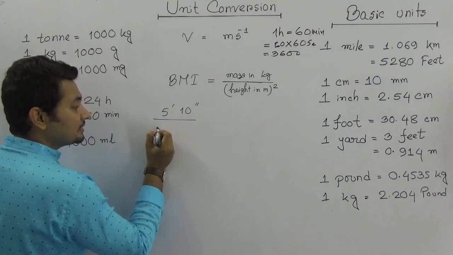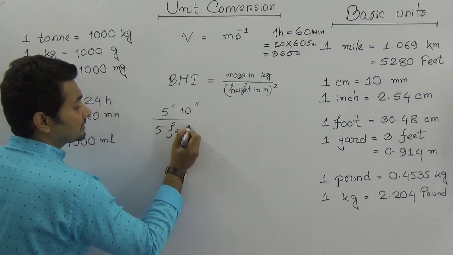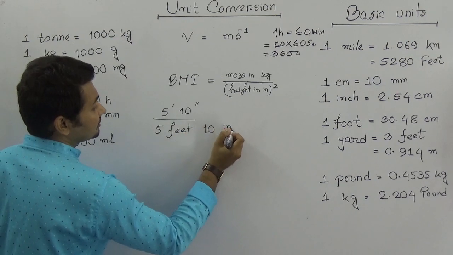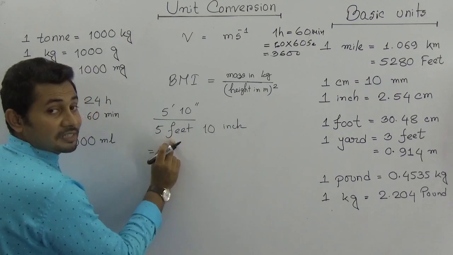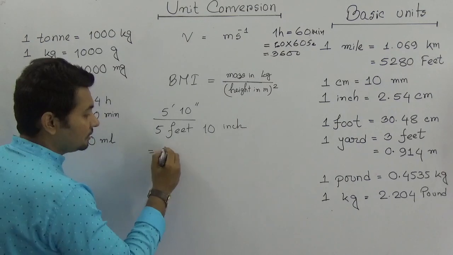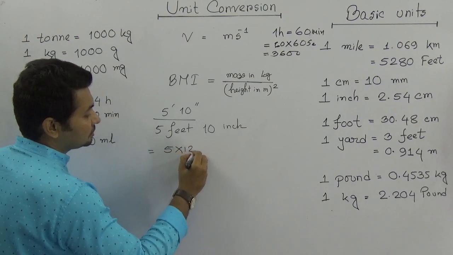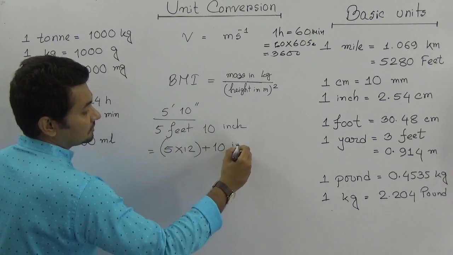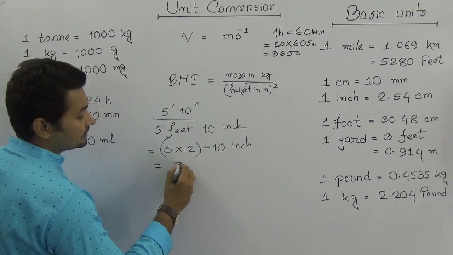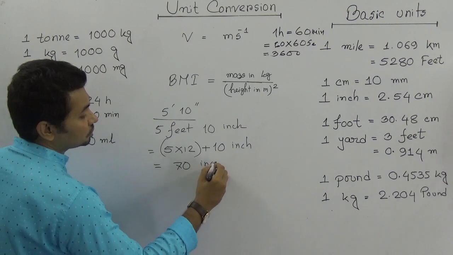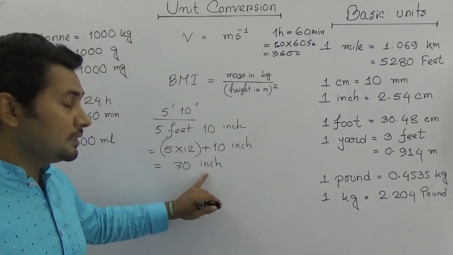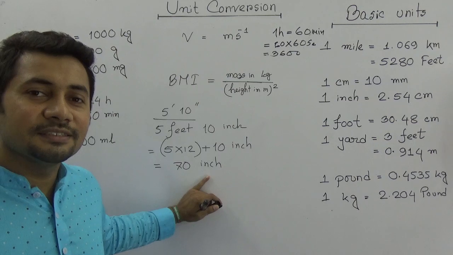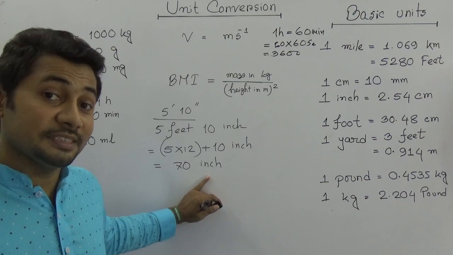We know that this is 5 feet, right? 10 inches. So 1 foot is 12 inches. So 5 feet times 12 inches plus 10 inches, altogether this is 70 inches. And we know that 1 inch is 2.54 centimeter.